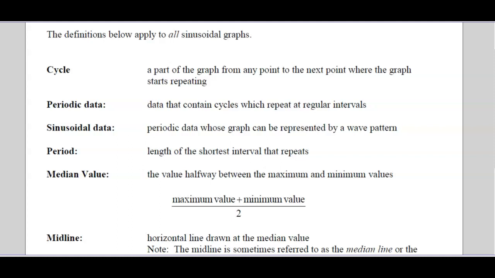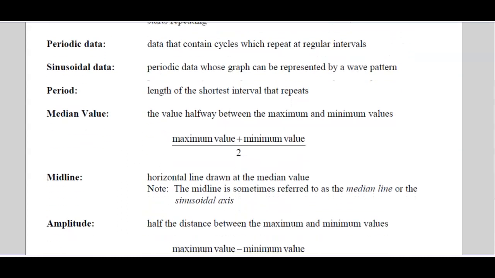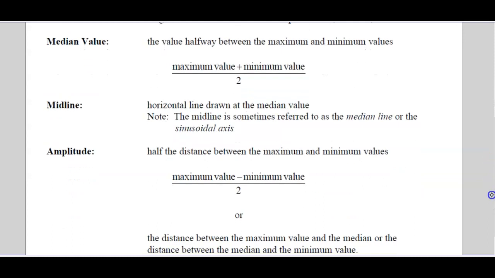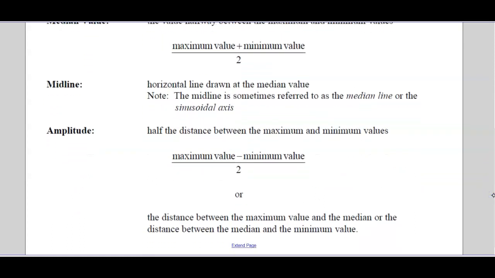Period is the length of the shortest interval that repeats. Median is halfway in between. Midline is the actual line, so it has an equation. Amplitude is half the distance. I showed you that. So those are some properties.